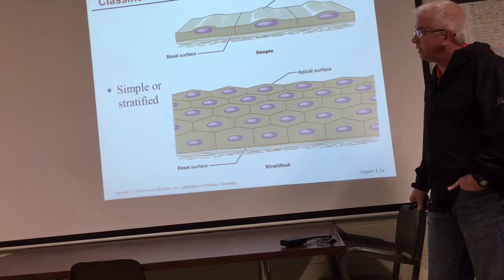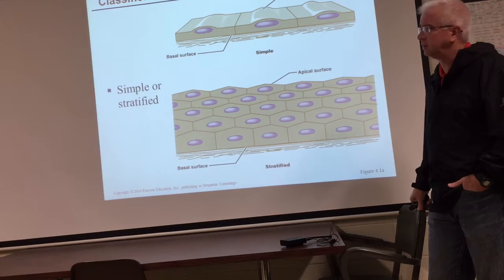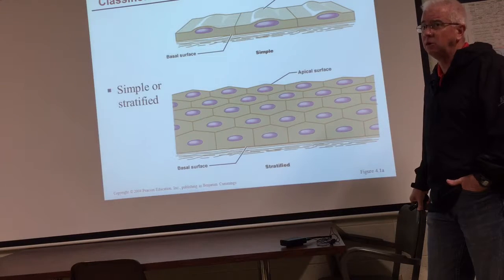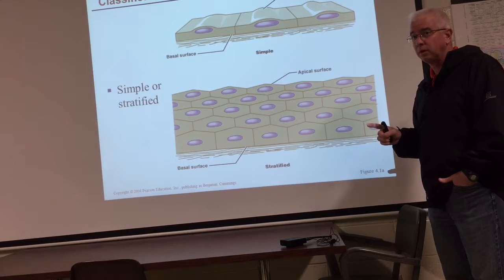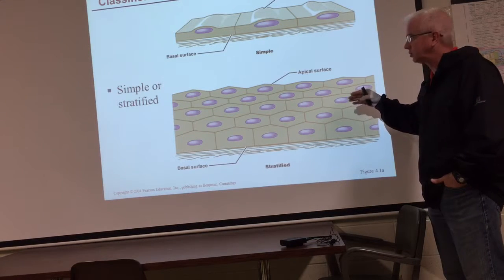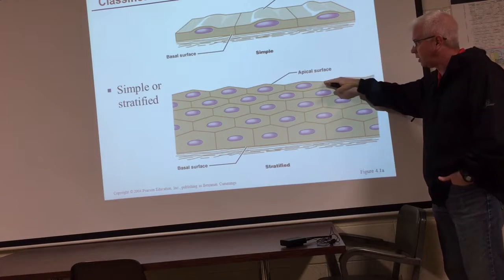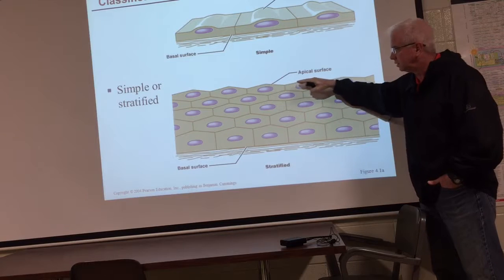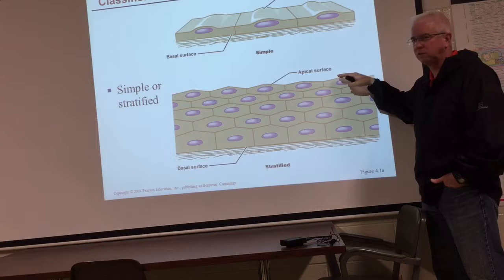There's one more way of defining these tissues, and that is there is a very important epithelial tissue that lines most of our respiratory system that looks stratified at first glance. But at high magnification and close inspection, you realize that every cell actually extends from what we call the apical surface. So that's an important anatomy term. The apical surface is the surface of the lining closest to the lumen.